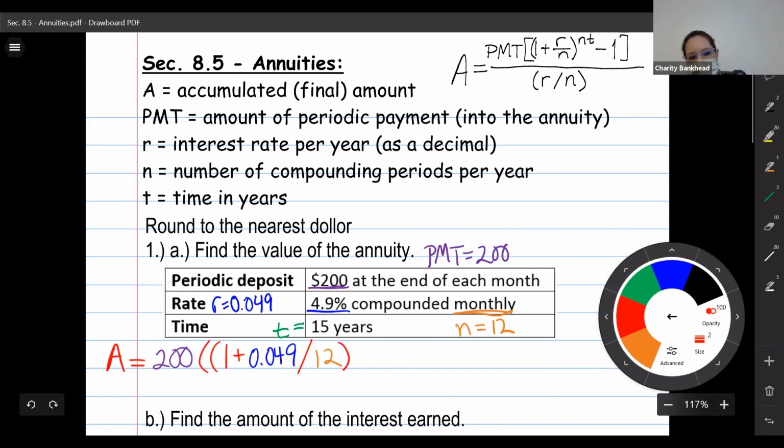Close the parentheses, and it's raised to the power of, and then we want to put parentheses 12 times 15.